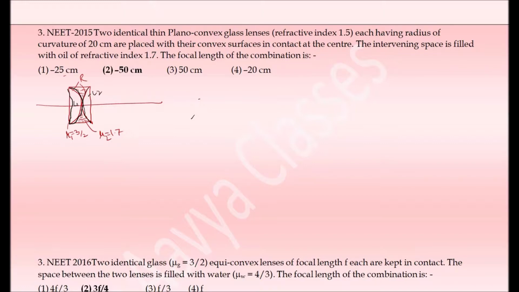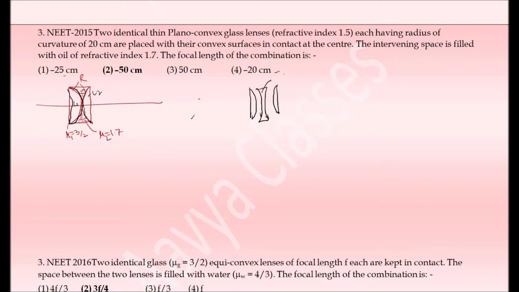We call it L2, and the intervening space between them is filled with oil of refractive index 1.7. So you have to calculate the focal length of the combination. If you see here, we basically have three lenses. First is L1, second is L2, and third is the combination, or we can consider the intervening space.